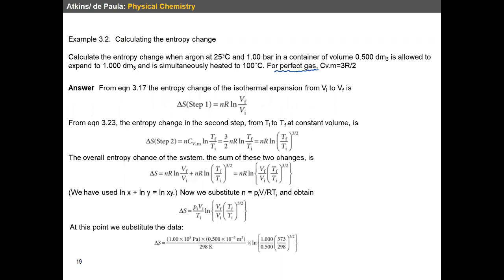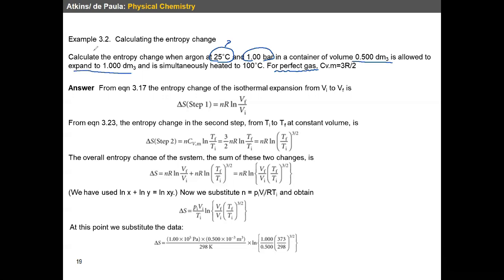And the first process is the expansion at 25 degrees C, at 1 bar, from 0.5 to 1.0.